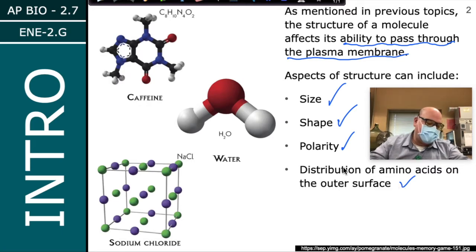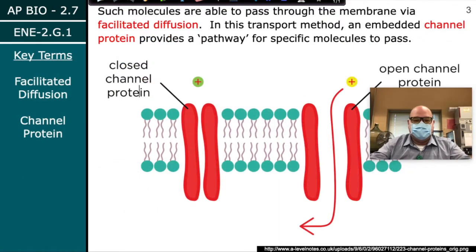So certain amino acids will have polarity or shapes that are incompatible with going through the plasma membrane around the phospholipids, okay? So that's just a review. We should be at this point already. Let's go on to the next one.